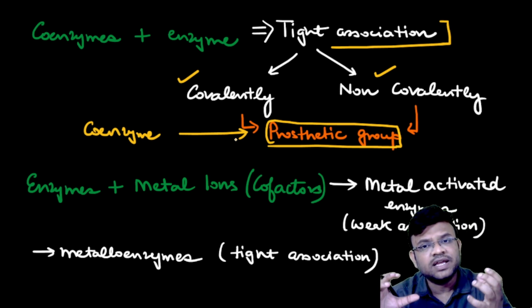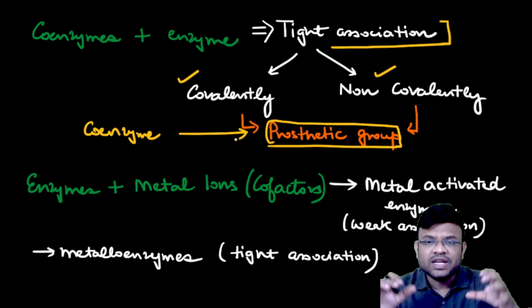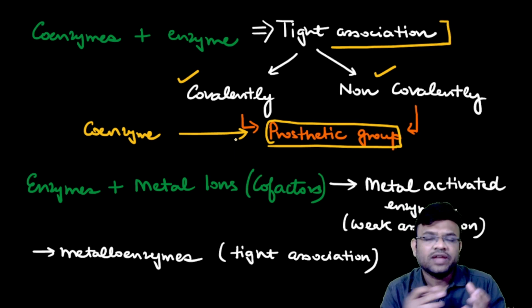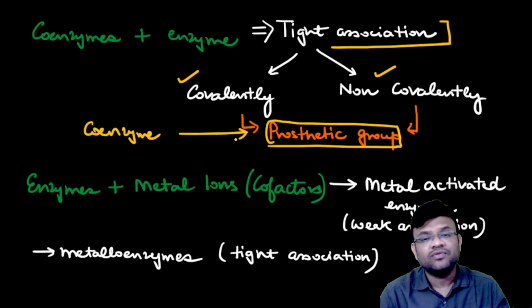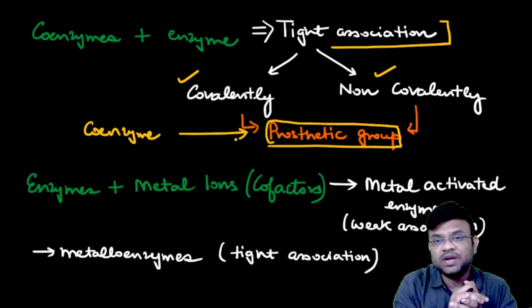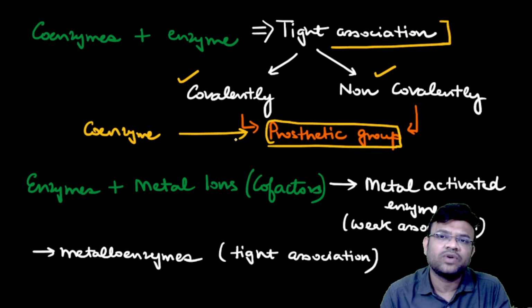Obviously these prosthetic limbs will be attached to the system in a very tight way, otherwise they could be taken off very easily. Logically speaking, the prosthetic group should be attached to the system in a very strong way. So the same concept you can apply over here also.